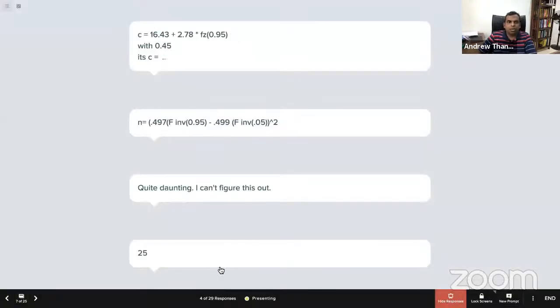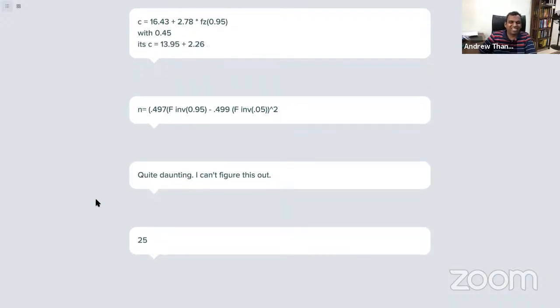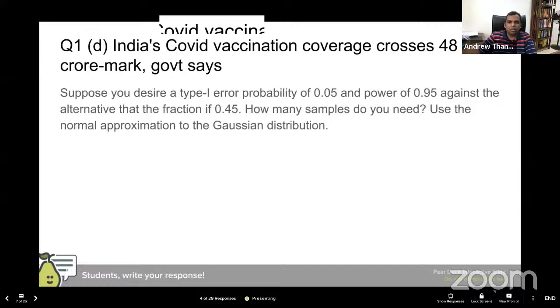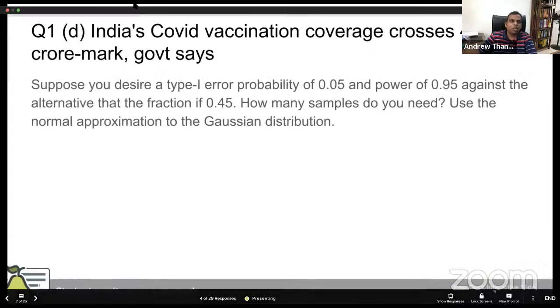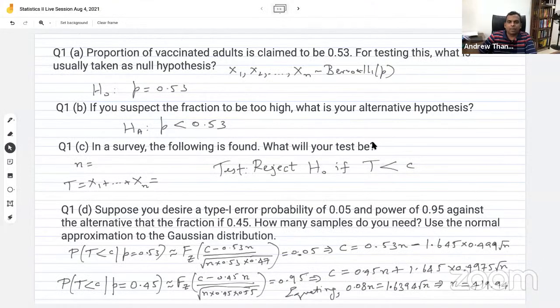We will have an opportunity to do it. Okay, there you go. Oh, quite daunting. Okay, all right. So let me maybe show you. I think people are still figuring it out. Let me show you the working out, and then I'll go over this in some detail.